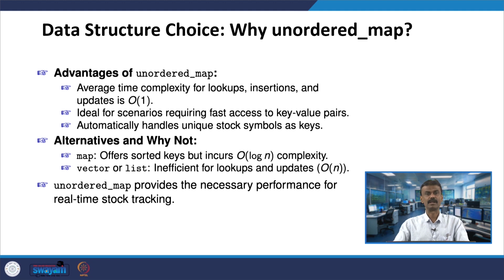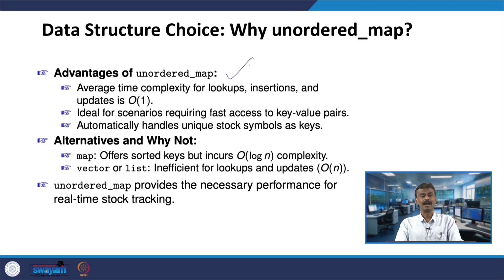Constant time. If there are n number of stocks, n is a very large number, so in the constant time k is strictly less than n. N may be 100,000 and k may be, let us say, 4 or 5 steps. So you can make a lookup, or if you want to insert, you can do it in order 1 time. That is the main advantage of using unordered map.